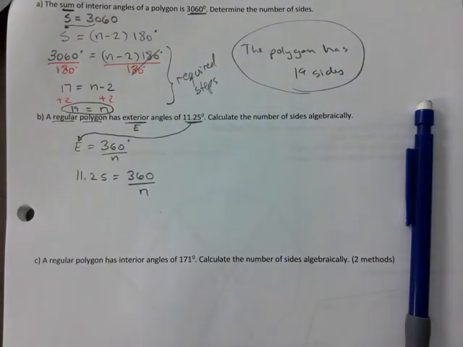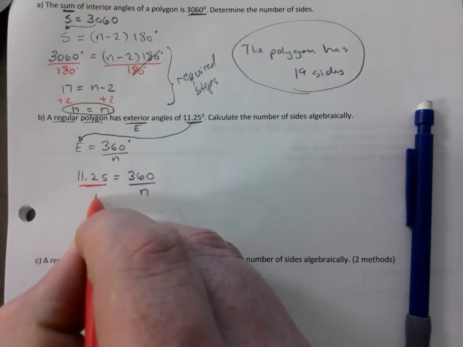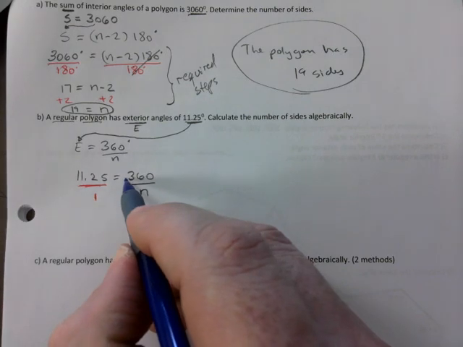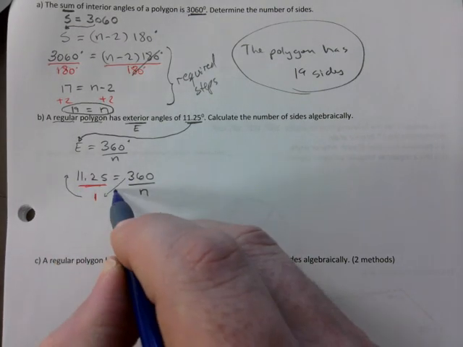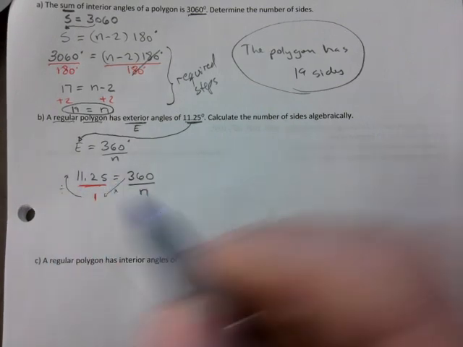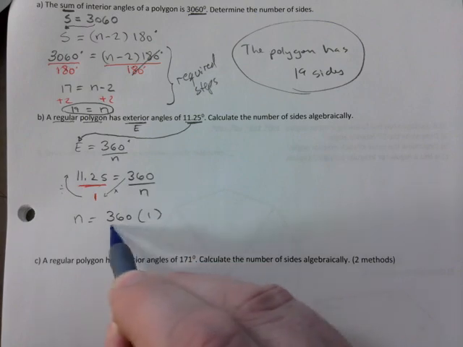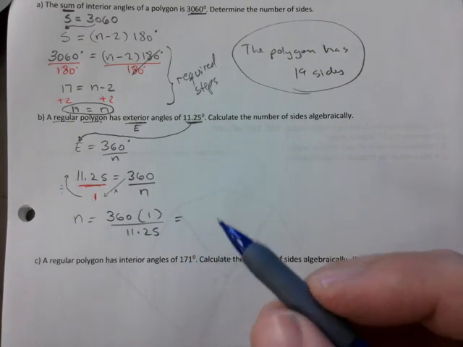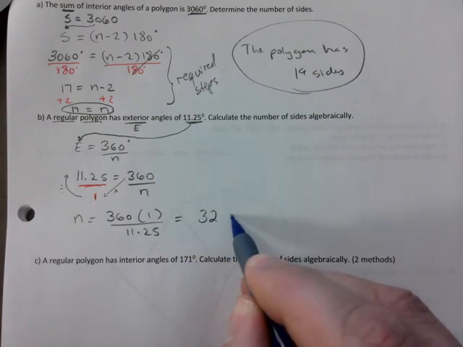This is where we go back to chapter 8, the power of 1. You put the 1 down there. You know you need to cross multiply and then divide every time, so you just show me that work. 360 times 1 divided by 11.25. This actually ends up being exactly 32 sides.